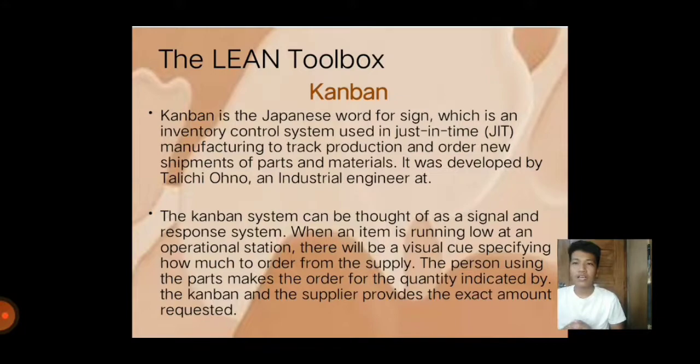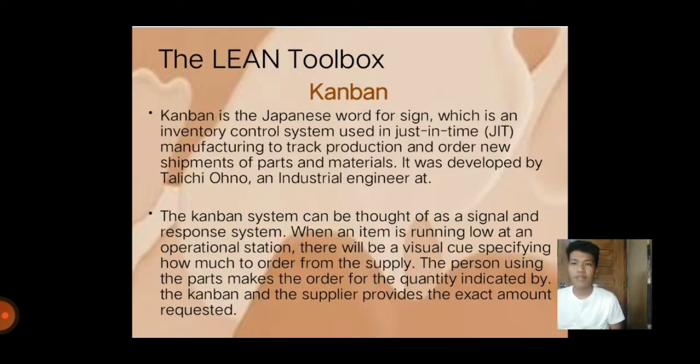Kanban is the Japanese word for sign, which is an inventory control system used in just-in-time manufacturing to track production and orders or shipments of parts or materials. It was developed by Taiichi Ohno, an industrial engineer at Toyota.